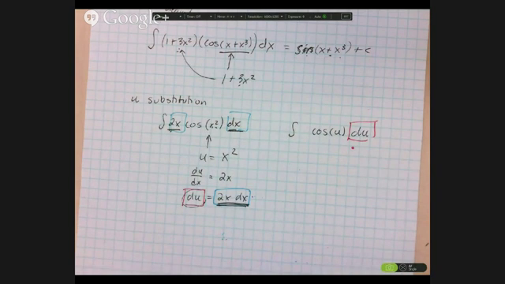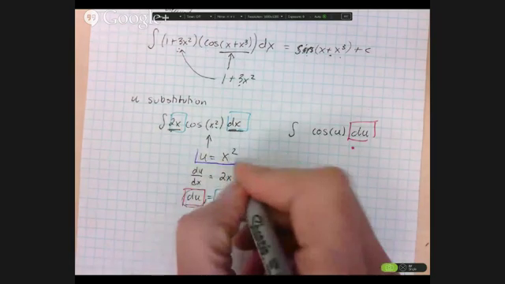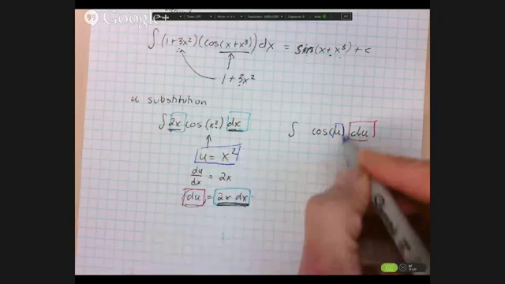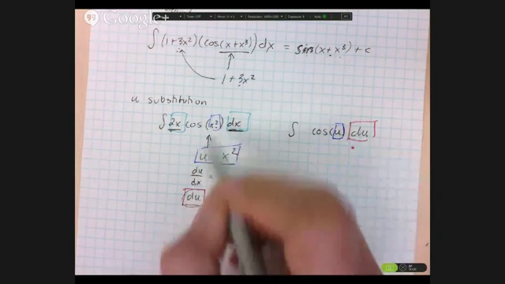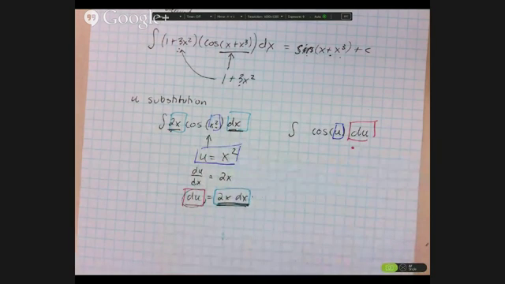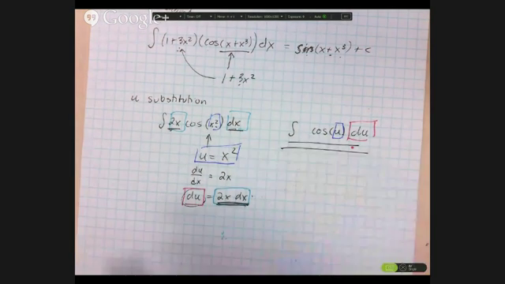No, cosine u du, because the u is right here. So now, is that doable?